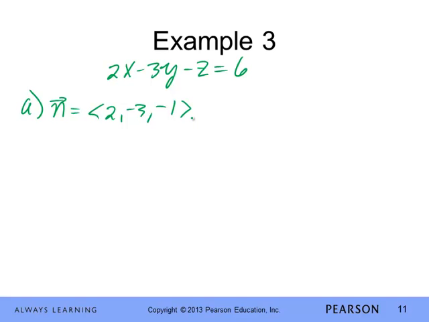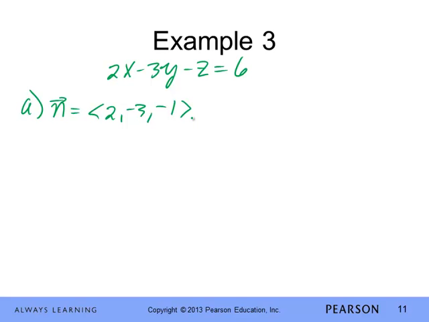For this particular sort of thing, we would get our intercepts by setting pairs of variables equal to 0. So, for example, we could set y and z equal to 0 and solve for x.